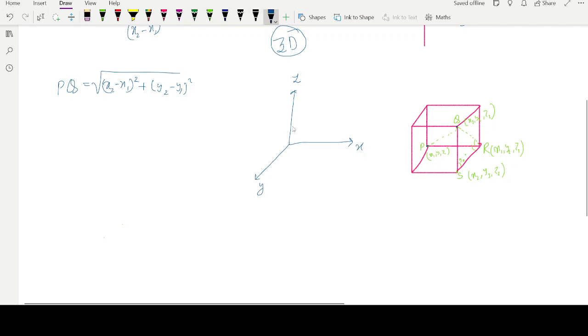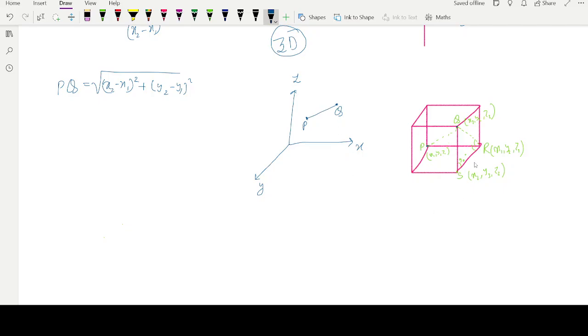Let somewhere be a point P and somewhere a point Q. Now I have to make a cube like this, with the main principal diagonal from the bottom of the cube to the top of the cube.